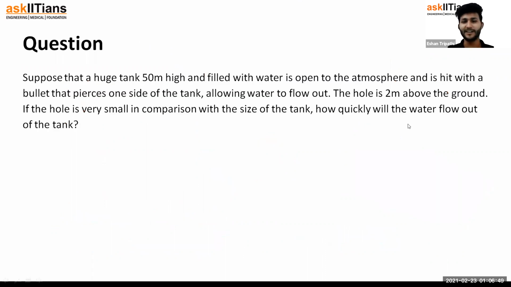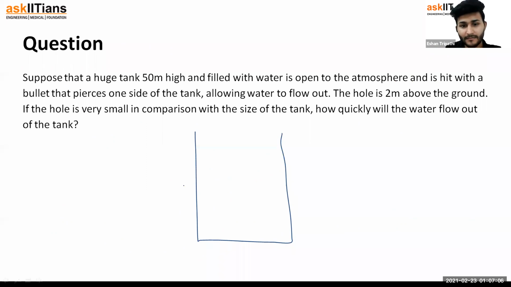And let's do just one question. It might seem very long, but it's actually a very small question. Just read it and try this question. Suppose that a huge tank, 50 meters high, filled with water, is open to atmosphere. So till 50 meters height, it is filled with water.